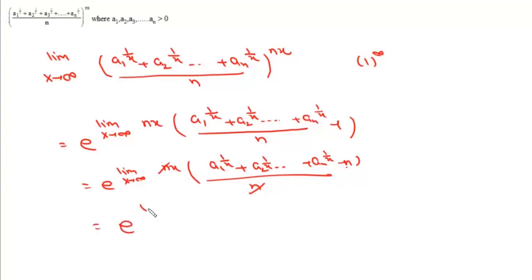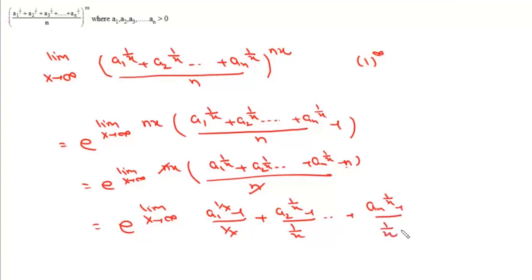So it will be e to the power limit x tends to infinite, a1 to the power 1 by x minus 1 upon 1 by x plus a2 to the power 1 by x minus 1 upon 1 by x and up to an to the power 1 by x minus 1 upon 1 by x.